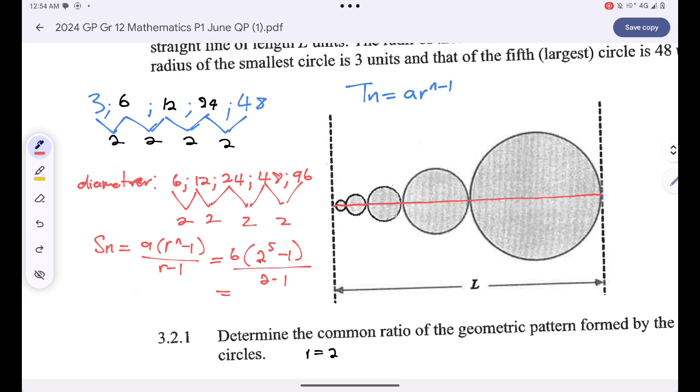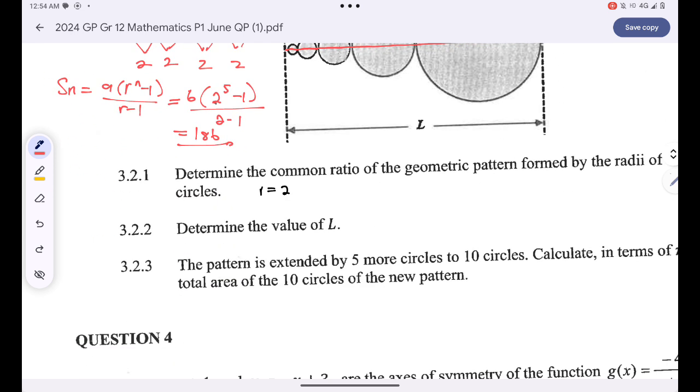This will give me 6 multiplied by (2^5 minus 1) all over 2 minus 1. That's just 186 units. So L is equal to the sum of the first 5 terms of my diameters, which is 186 units.